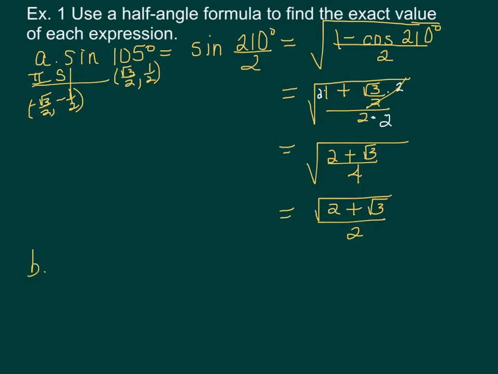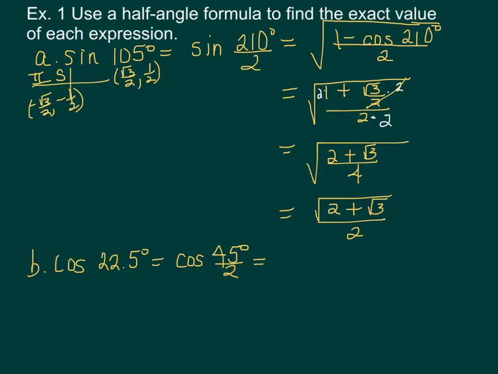Alright, part B. Now let's try cosine. Let's try 22.5. Well, what angle are we taking half of to get 22.5? That would be 45 degrees. So you write it as a half angle.